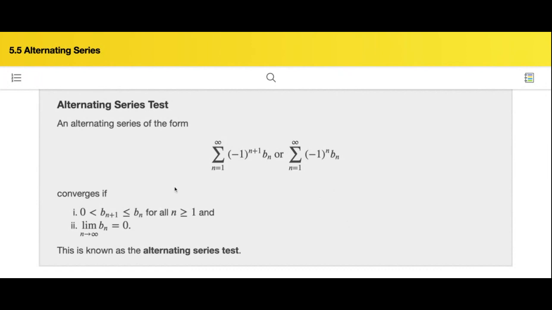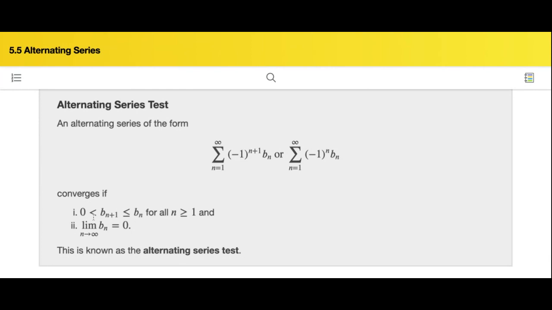So it converges under the conditions of those two. First, the sequence is decreasing: B(n plus 1) is less than or equal to Bn. Or non-increasing, because less than or equal to means non-increasing.